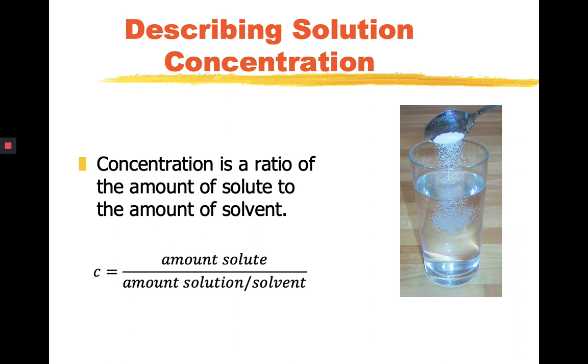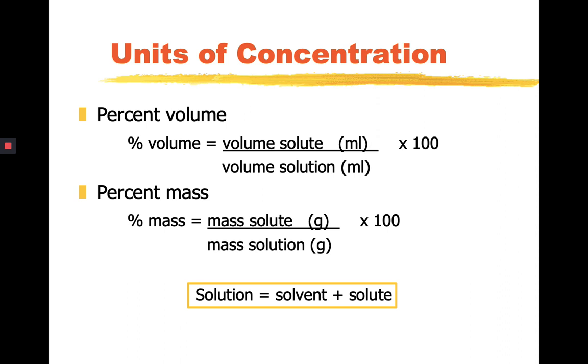There are many applications, for example, IV solutions in hospitals or dosages, or environmental standards. Let's say, how many ppm of lead is allowable in a particular water sample. Those kinds of things can be reported differently, so that's why there is a need for us to study the units of concentration.